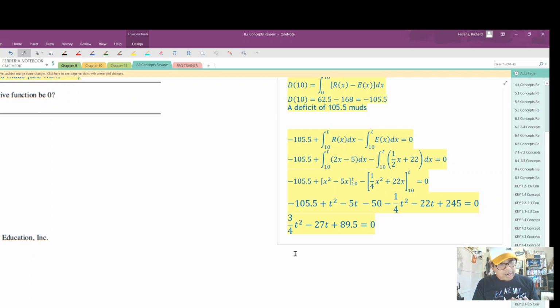So go ahead and grab your calculator and solve that. Let's see what we come up with. The two roots that I get are 3.693 and 32. Of course, we're looking for a value of t that's greater than 10 and less than 25, so neither of these actually work. So now the question becomes, what is the deficit when t equals 25?